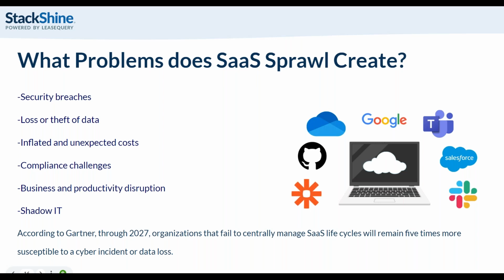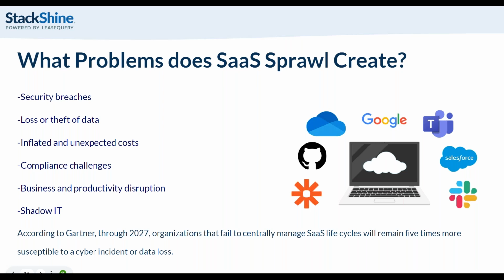Since there's cost all over, you don't know what you're spending. You have no clue how to budget for it even. SaaS sprawl causes that. Compliance challenges for an organization: if you have no visibility on the size of your SaaS stack, then it makes compliance challenging.